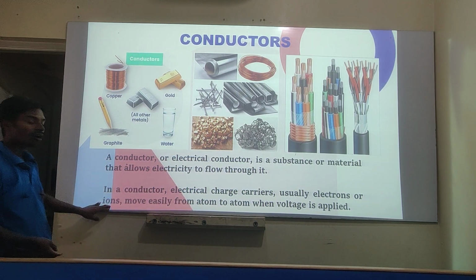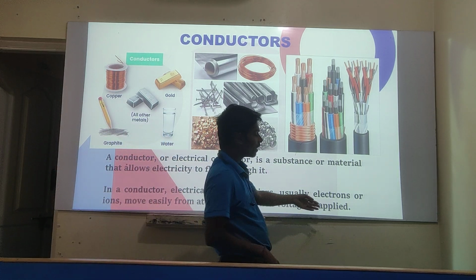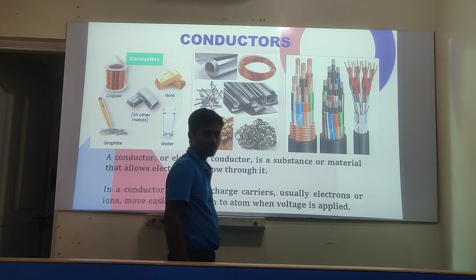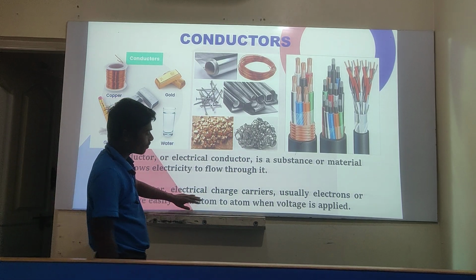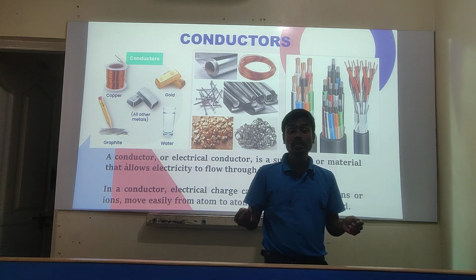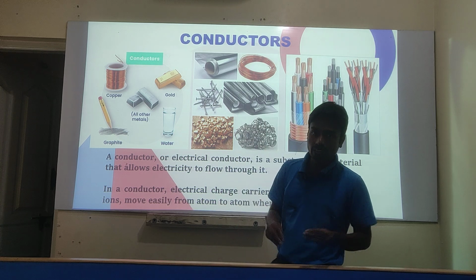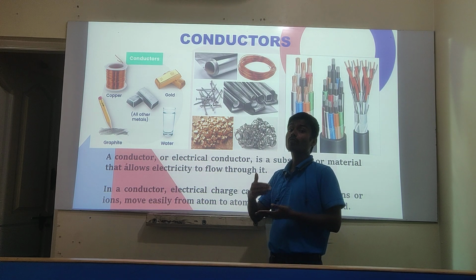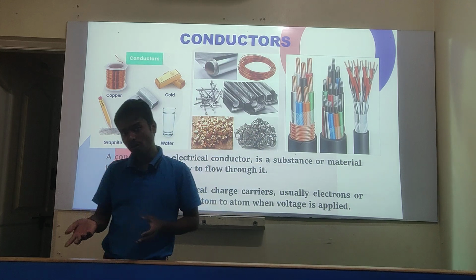Positive charges are called ions and negative charges are called electrons. So electrons and ions move easily from atom to atom when voltage is applied. When we provide any voltage or current in the conductor, electrons will move freely, so electricity will flow properly.